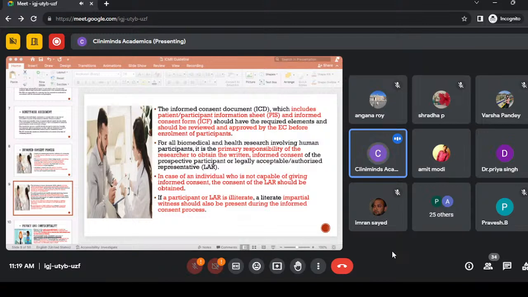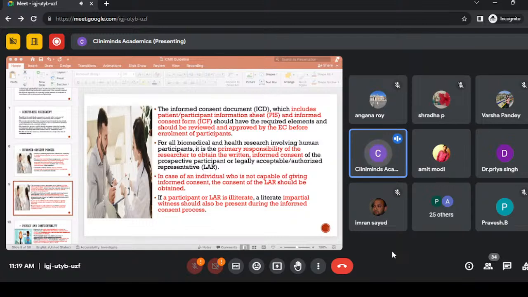So the possible choices for an impartial witness can be any family member, any friend, any clinic staff who is not involved in the trial, or any layperson. So there is no regulatory provision that this particular person should act as an impartial witness.